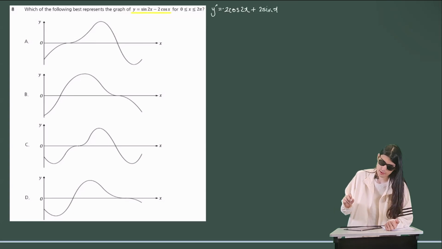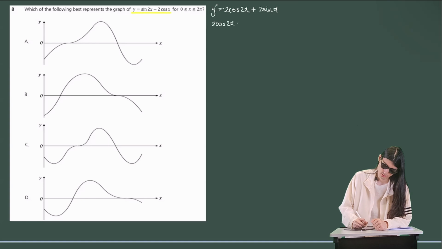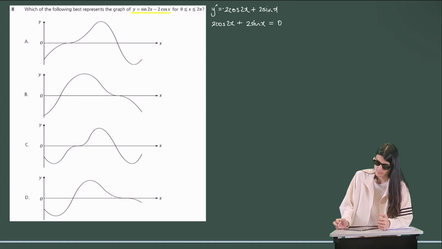And I will put that equal to 0, and of course the logic behind putting a derivative equal to 0 is to find the stationary points, isn't it?